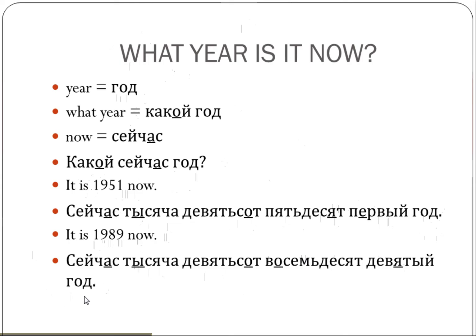And again, since год is a masculine word, first is using the masculine ninth, and the first year uses the masculine form, the masculine ending. So 1989 год.